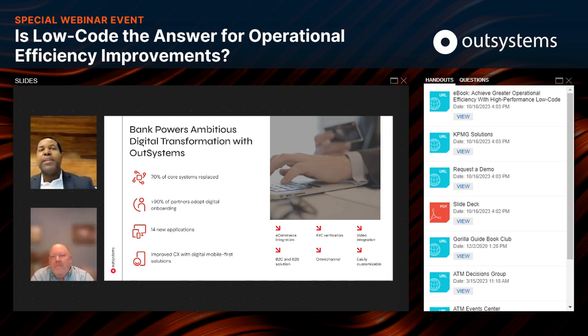Yeah, so I think the others, and I'll talk around some different themes. The other use cases are around, okay, how do we leverage OutSystems and think about intelligent document processing?